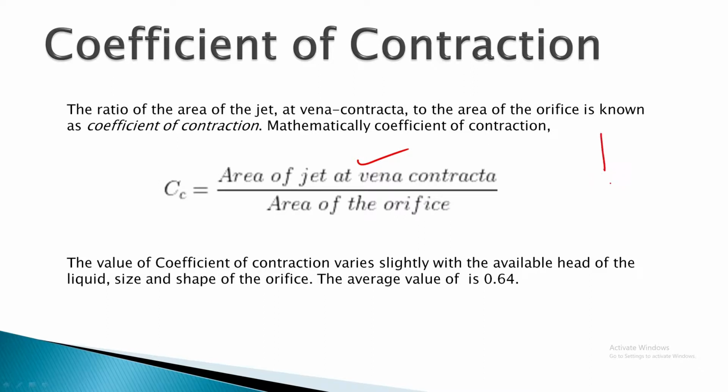If you consider this as the orifice and this as the streamline, then at this particular section where the area is minimum, that is the vena contracta. So it is the area of the jet at vena contracta divided by the area of the orifice. If the shape of the orifice is circular, we just need to determine the area because we know the diameter.